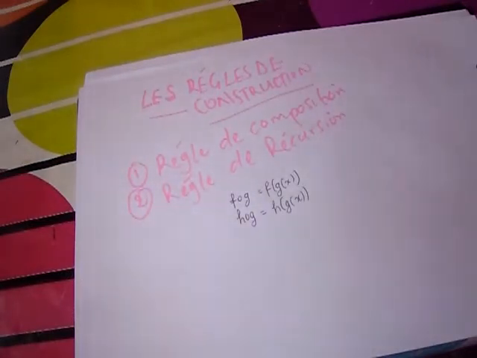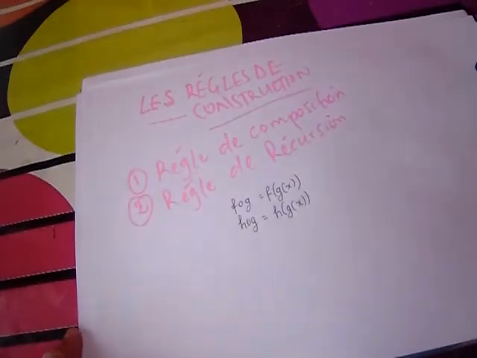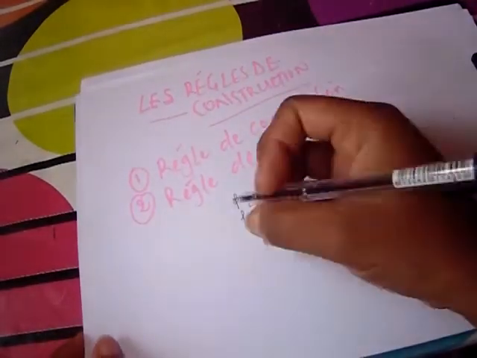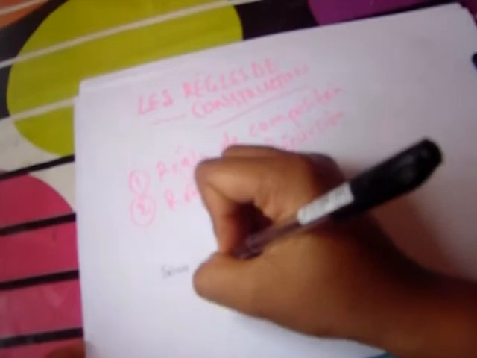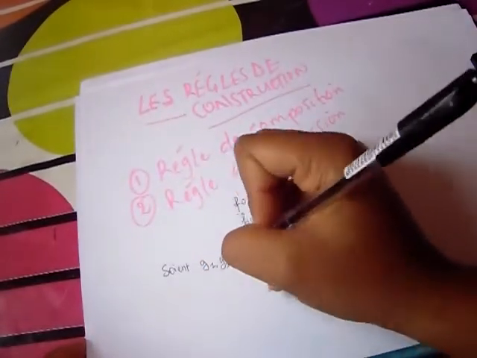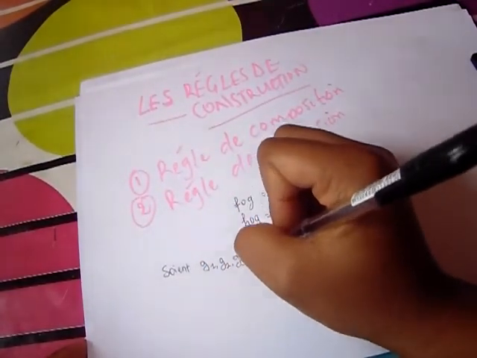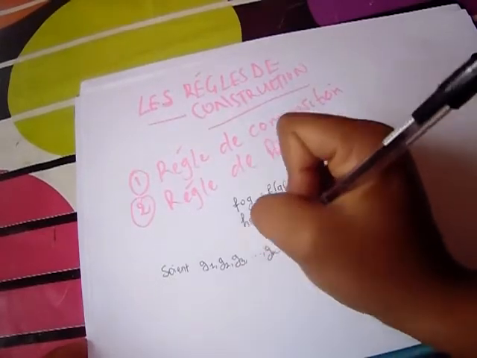For the règle de composition, let's say we are given functions. Soit, or given, g1, g2, g3 up to gk.